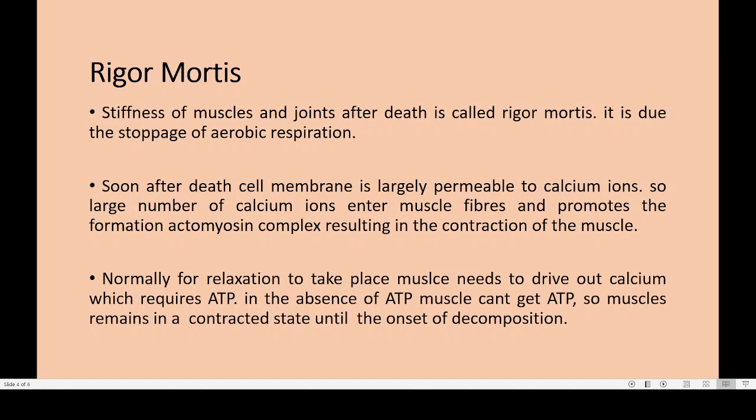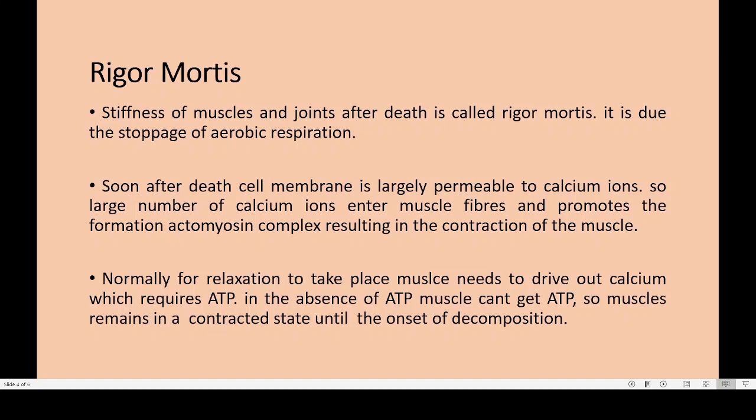So what happens is that when a muscle is undergoing this kind of rigor mortis, there will be the formation of actomyosin. That is, actin and myosin remain attached with each other, and that attachment results in the contraction of the muscle. So in very simple terms, when a person is dying, the cell membrane will be quite open. It will allow the entry of calcium ions, and calcium ion has a problem.